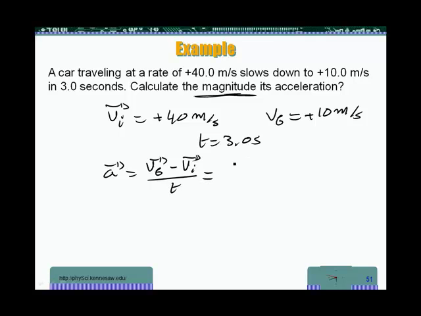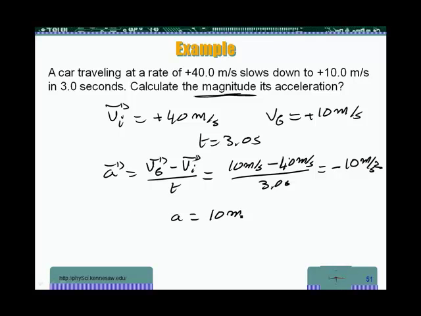In this case, that's going to be 10 meters per second minus 40 meters per second over 3 seconds. So that's going to be minus 30 over 3, so minus 10 meters per second squared. Now, that's my acceleration, minus 10 meters per second squared. The magnitude of the acceleration is 10 meters per second squared.